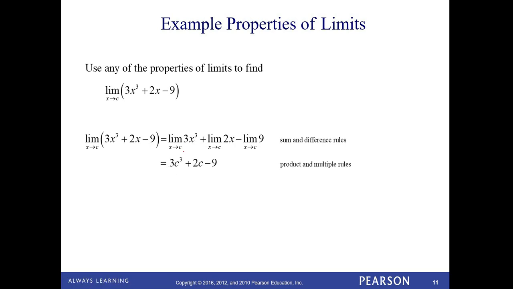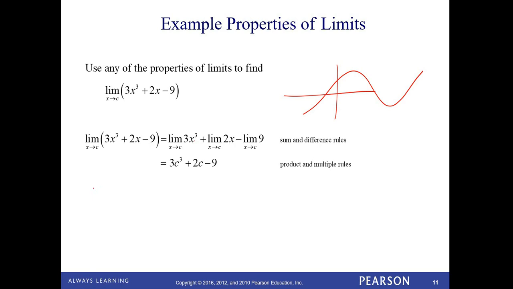So I'm going to plug in c for x, and I know that this looks just like what we started with, and that really is the case here with a polynomial. This function has no holes. It's a straight polynomial function. So if I can find the limit at each place and add them up, I will get the limit of the whole function.